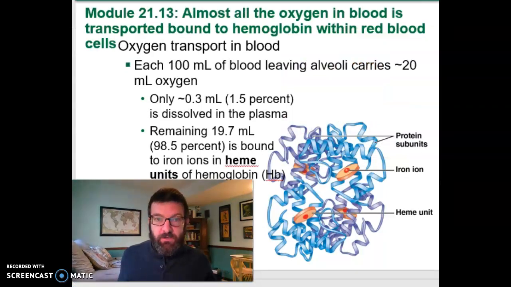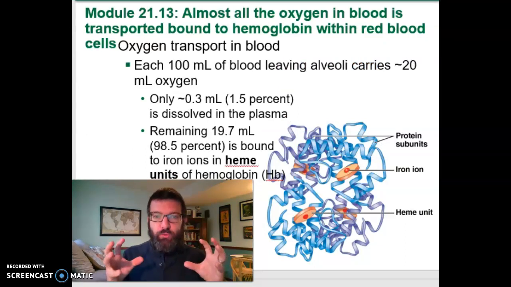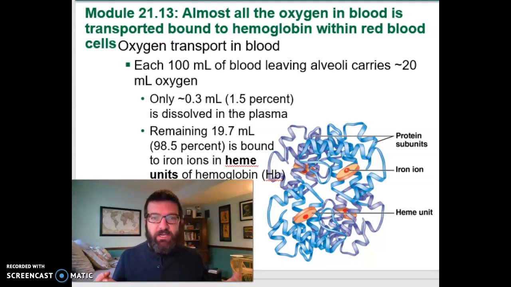Now, because oxygen is O2, right? It's not just one oxygen molecule. It travels around as a molecule of O2, two oxygen atoms together. They're held together by a covalent bond that is nonpolar because each oxygen pulls on electrons at the same level of intensity, the same electronegativity.